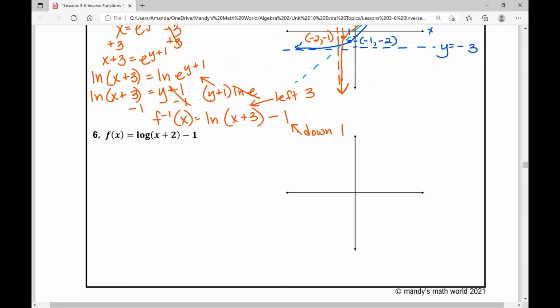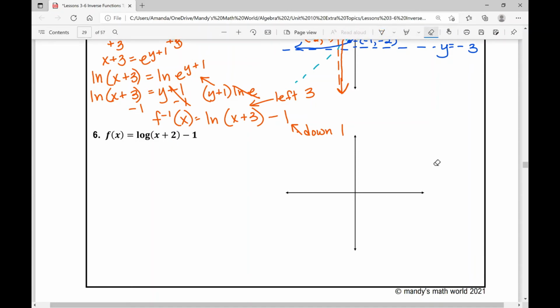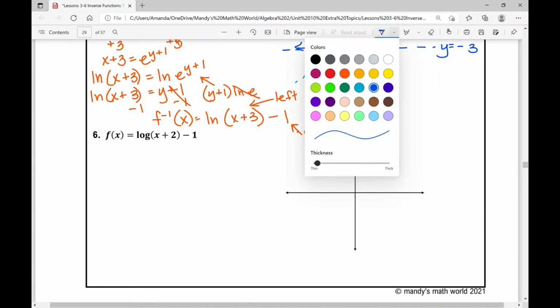We're just drawing a rough sketch. And we know that the graph of the logarithmic function has a vertical asymptote at x equals 0, and there's a key point on our x-axis to the right of that asymptote. We're going to apply these transformations, and I'm going to draw this in blue like I've done with the other examples.